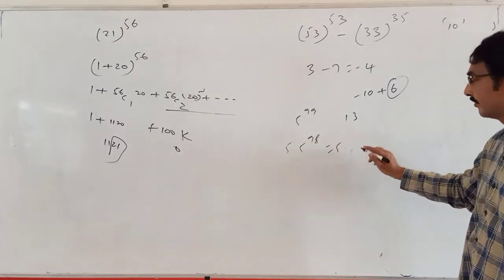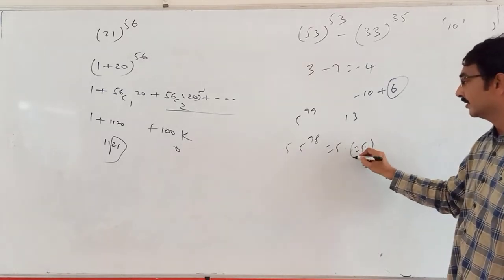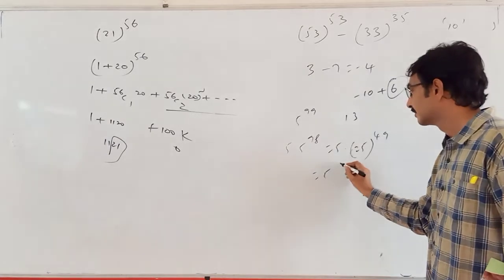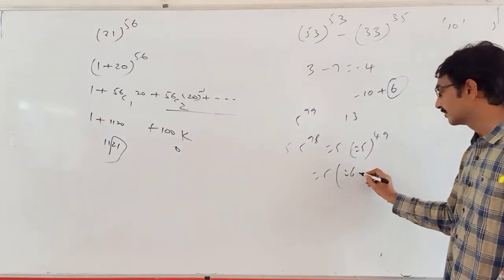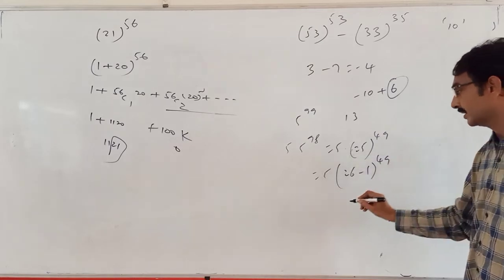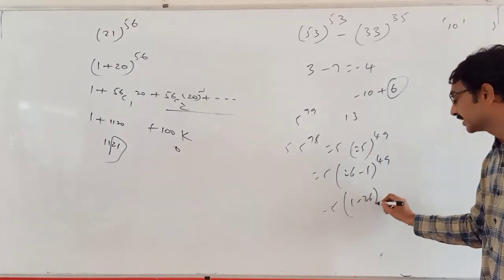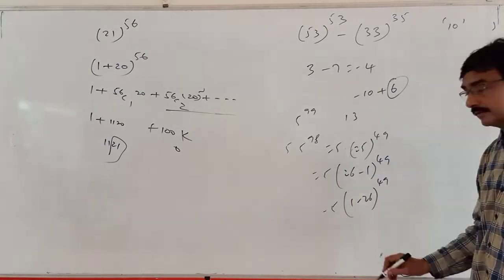Next, 5 square 25 whole power 49 equals 26 minus 1 whole power 49, taking minus 1 common, minus 1 minus 26 whole power 49.